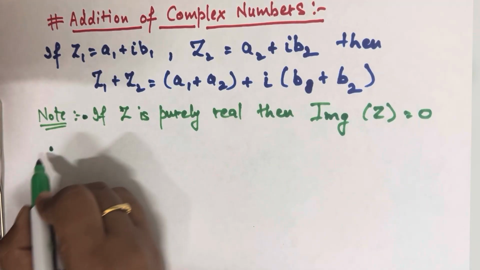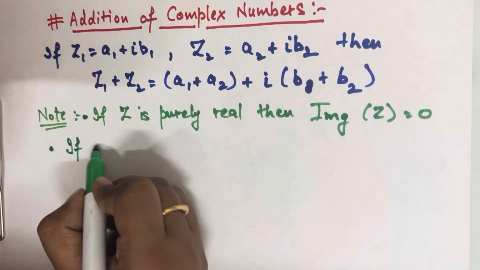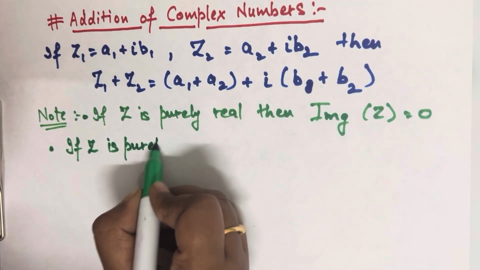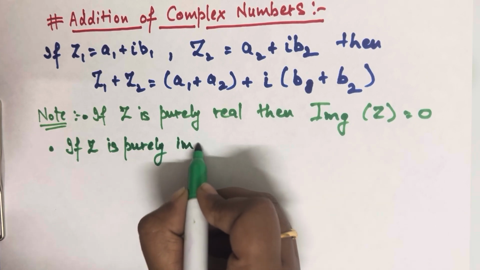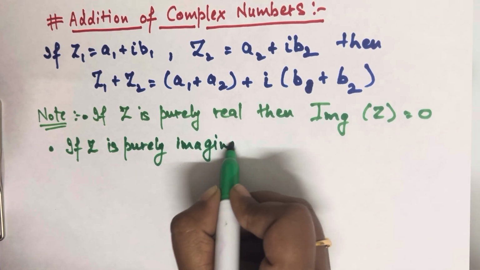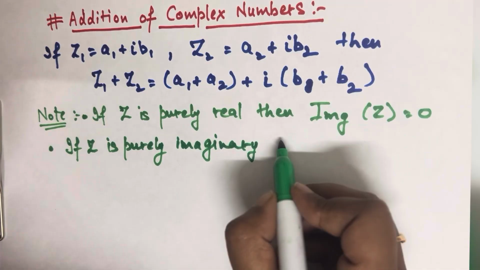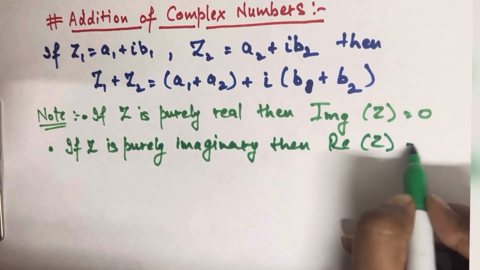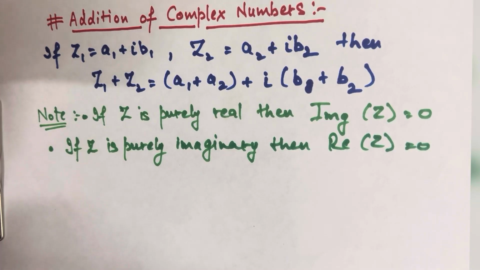Also, if z is purely imaginary, then the real part will be 0, right? This is simply understandable, but still I wanted to mention these points in the note.